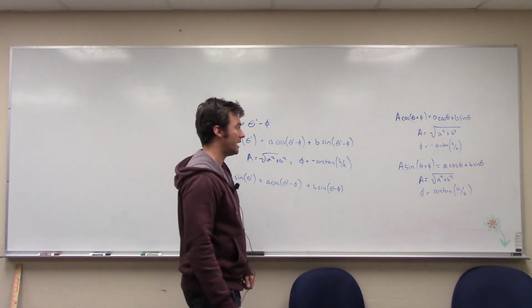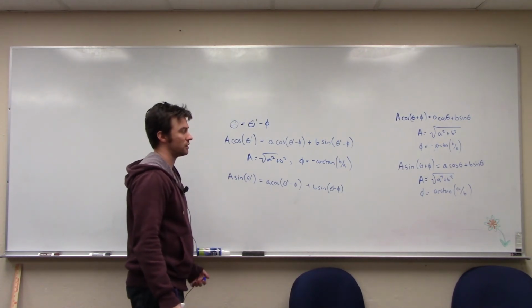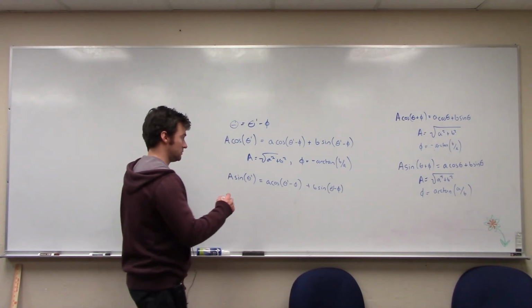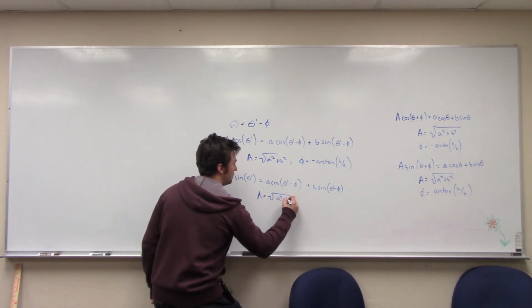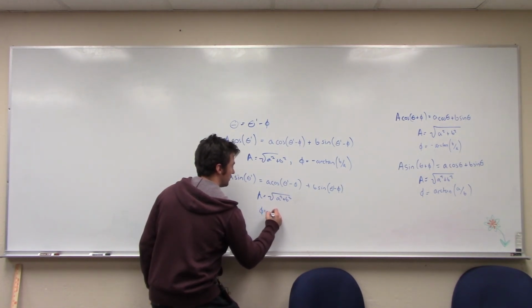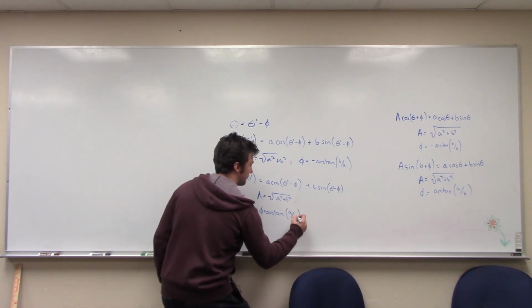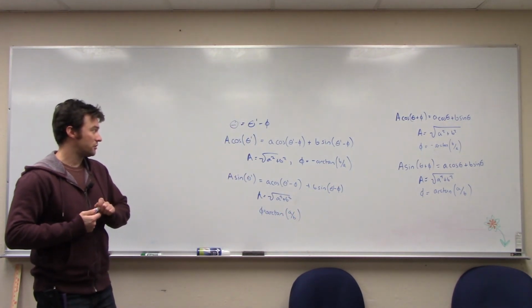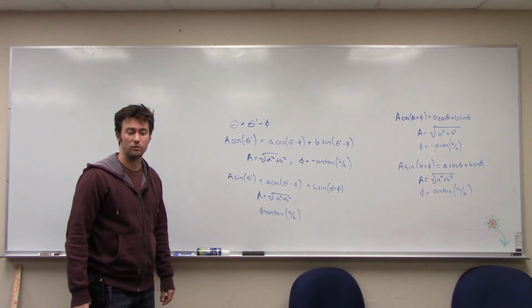Same things are true: A is equal to the square root of a squared plus b squared, and phi is equal to arctangent of a over b. So here are a bunch of identities that we can use when we're working with forced vibrations.